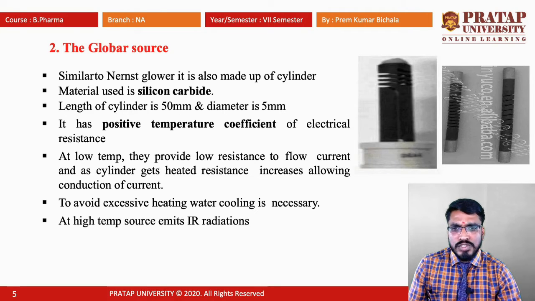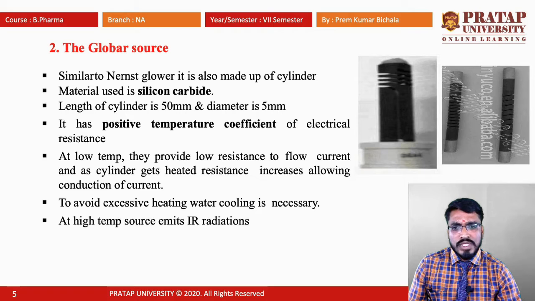It has a positive temperature coefficient of electrical resistance, whereas the Nernst glower has a negative temperature coefficient. At low temperature, they provide low resistance to flow of current, and as the cylinder gets heated, resistance increases, allowing conduction of current.